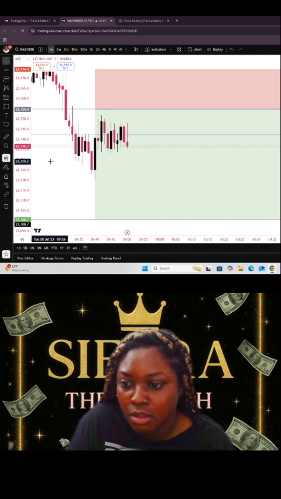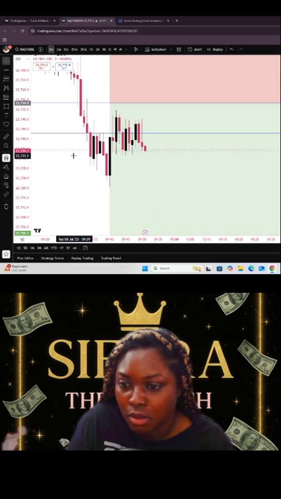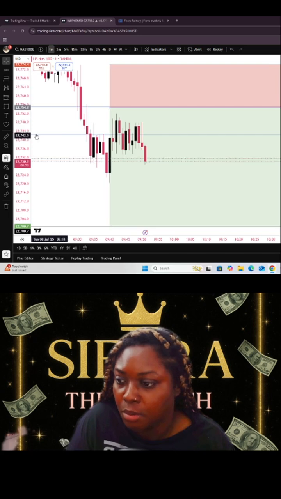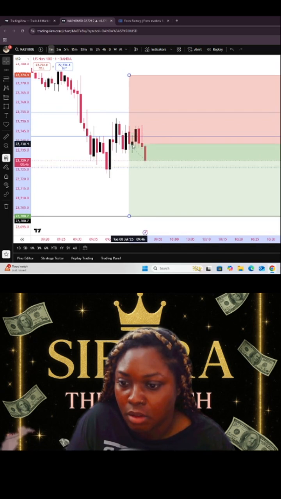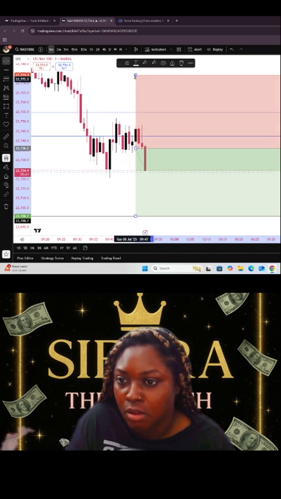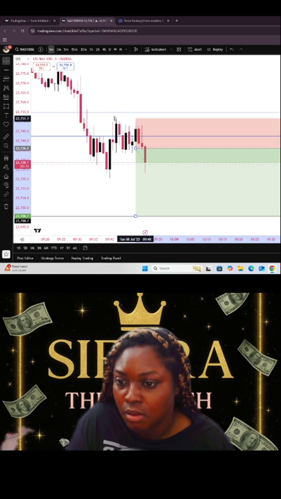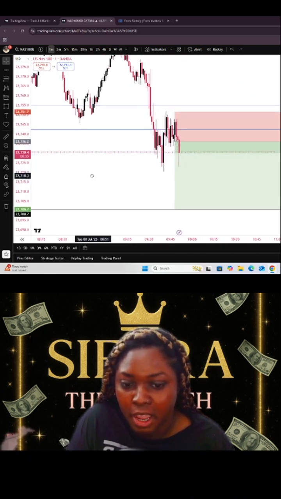All right, this is giving us a bearish engulfing and a pin bar. You can sell here and put your stop loss up here. TP still here though. This is the thing about Nas with signals. It can move so fast.